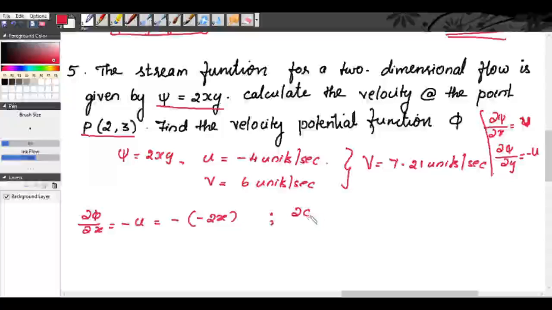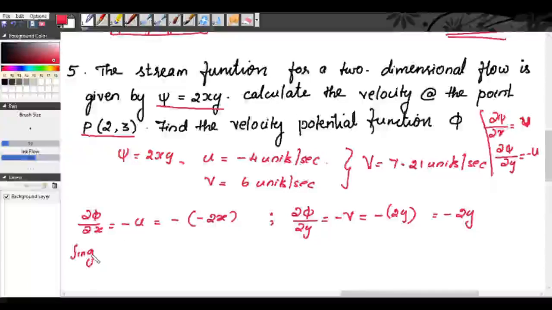Similarly, our dou pi by dou y is equal to minus v. So we get minus of v, and v is dou psi by dou x, which is 2y. So it is minus 2y.